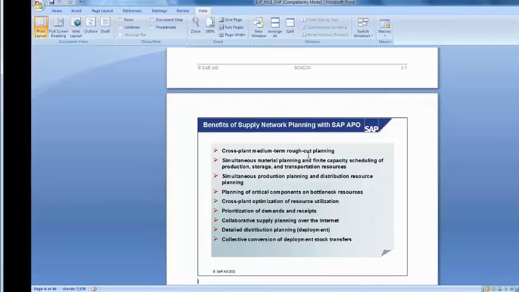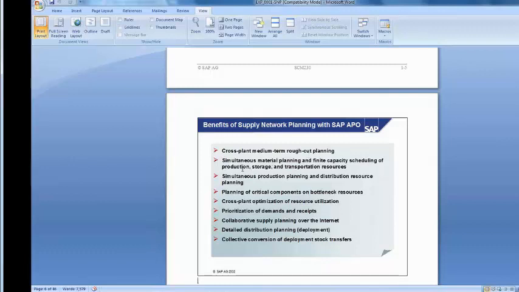In demand planning, we usually plan for a long horizon, 2 or 3 years, in monthly buckets. But in SNP, it is in daily or weekly buckets, or a combination of daily and weekly, for 6 or 7 months, which is less than the demand planning horizon.